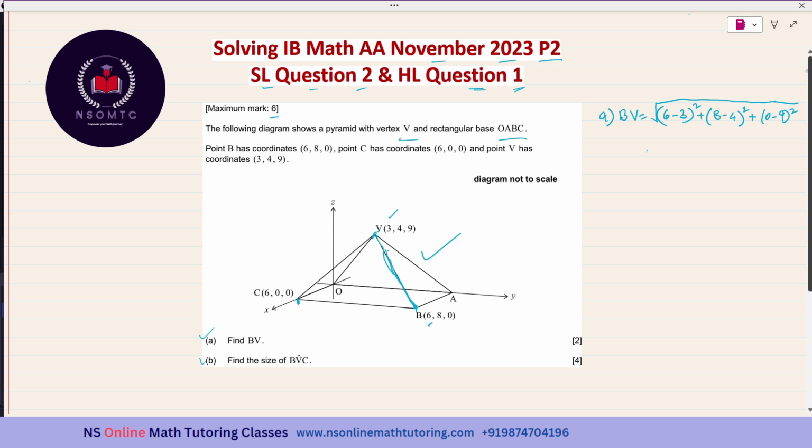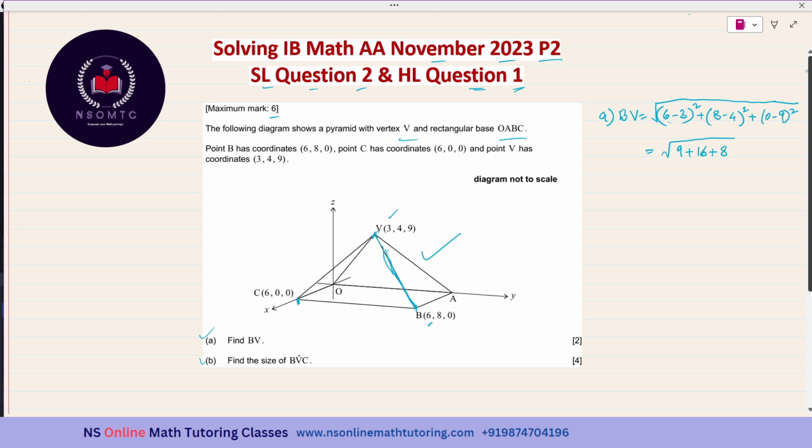So this is equal to 6 minus 3 is 3, 3 square is 9, plus 8 minus 4 is 4, 4 square is 16, and minus 9 whole square is 81.